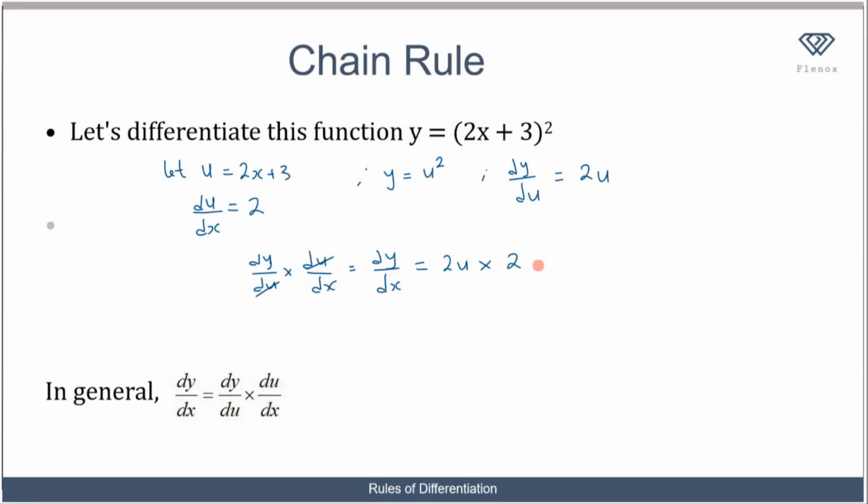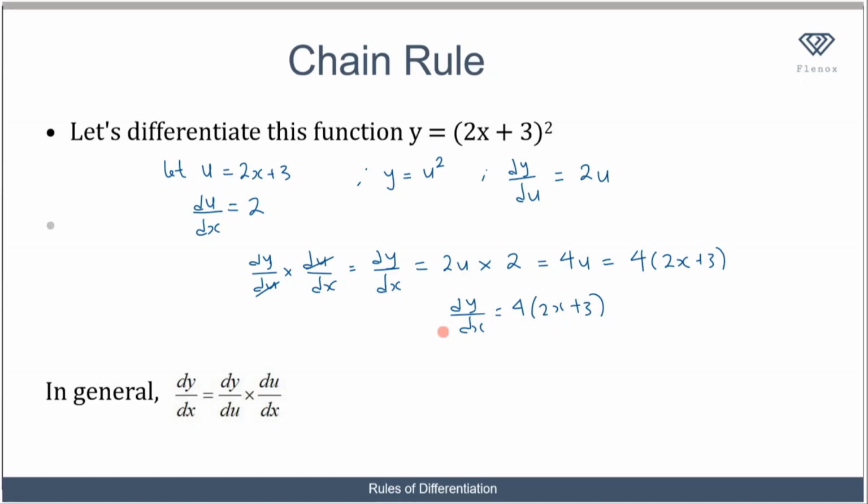So what does that give me? That gives me 4u. Now I can replace back the value of u, so 4 into bracket, and my u value is 2x + 3. So when I differentiate this function, I get dy over dx equals 4(2x + 3).